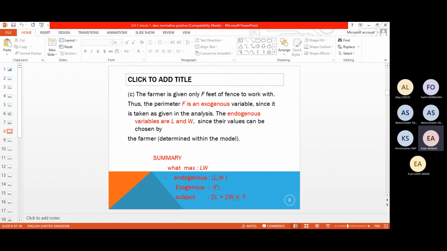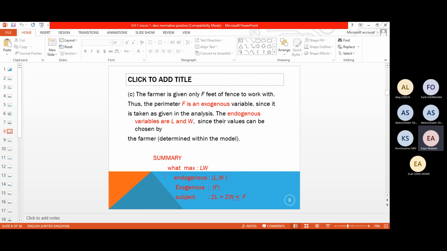So when we summarize the given information, what is the maximum length and width for this given model? The endogenous variables are supposed to be length and width, and the exogenous variable is the fence, the so-called F. Therefore, the constraint here for this equation is 2L plus 2W must be equal to or less than this fence, which is going to be bought by this farmer.